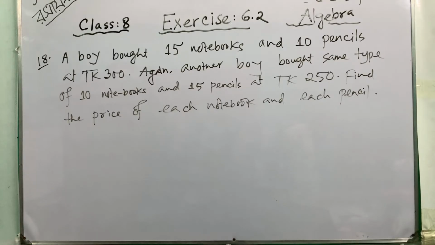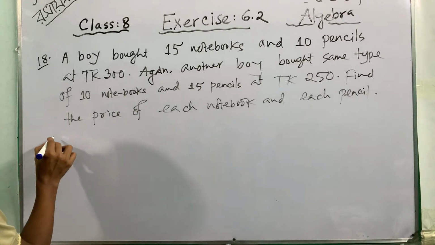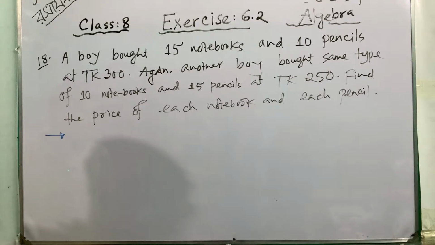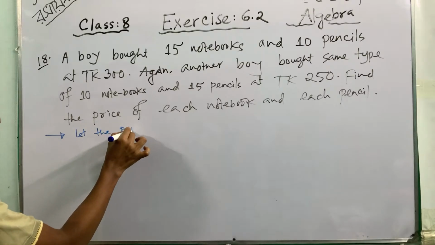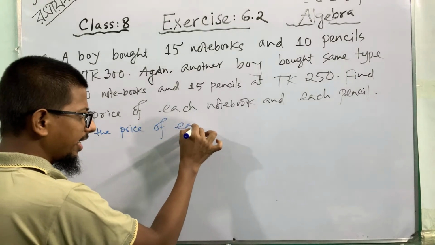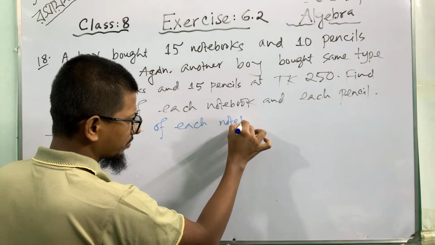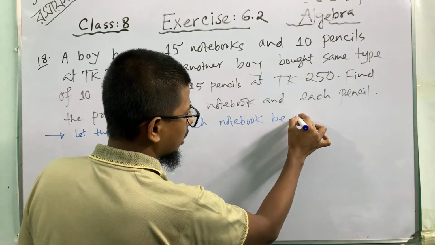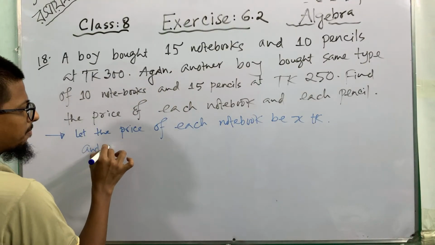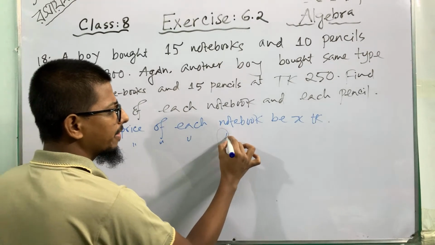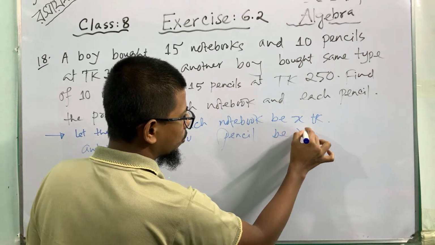because we are going to consider that the price for each notebook is X. This is our favorite, to consider things as X and Y. So let the price of each notebook be X টাকা, and the price of each pencil be Y টাকা.